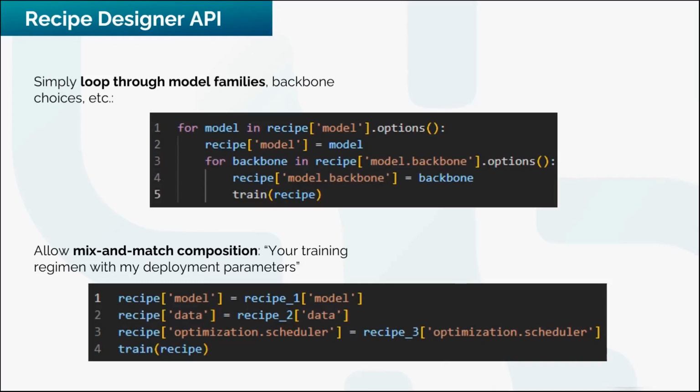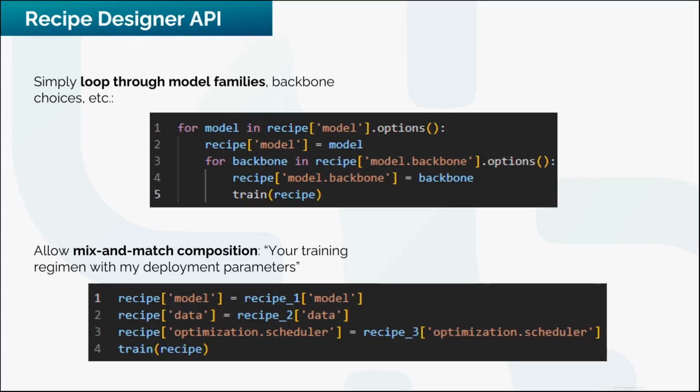The top shows how powerful the programmatic design process is. It has an outer for loop that iterates over all model families and an inner loop that iterates over all model-specific backbones. In 5 lines of code, I can cycle through all my available model families and all the individual backbones. This is easily a couple of hundred combinations depending on the domain.